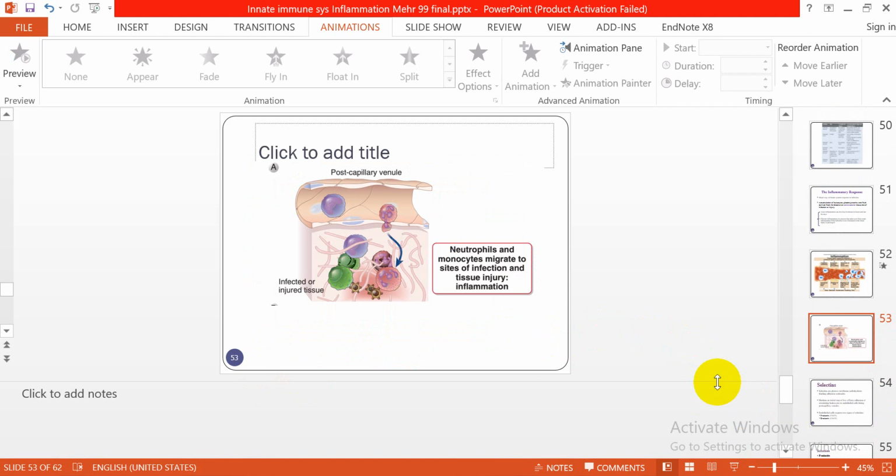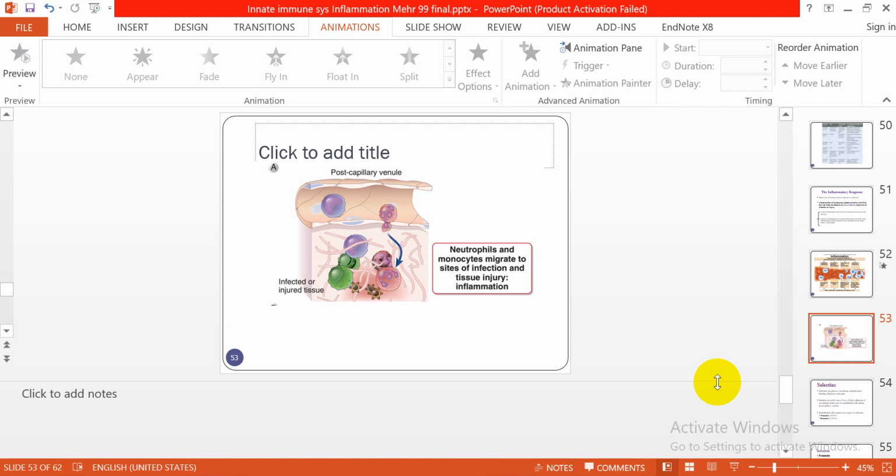At the inflammation site, the first population of white blood cells that enters the site of inflammation is neutrophils, and after that monocytes migrate to the site of the infection and tissue injury.